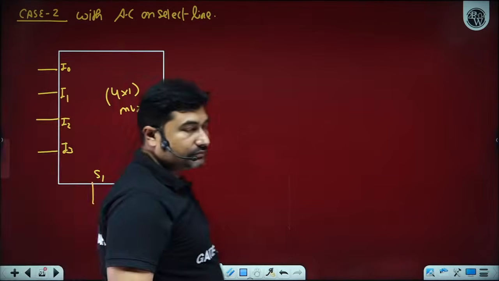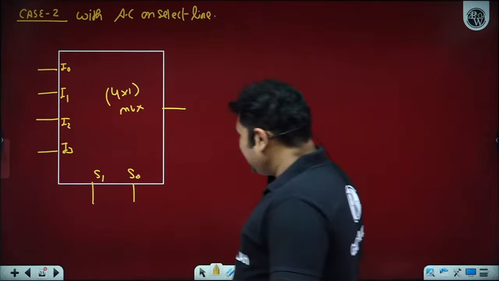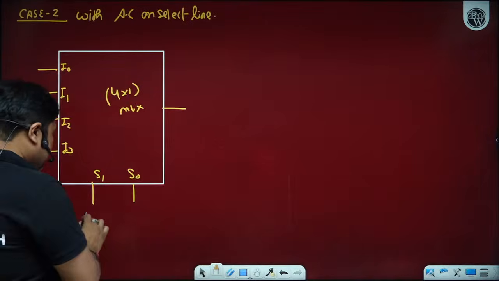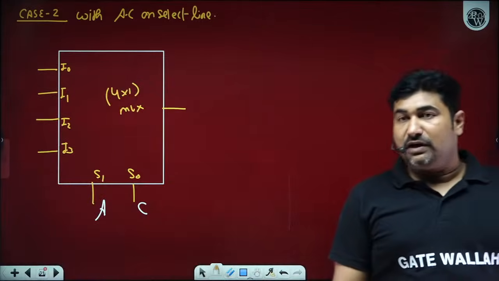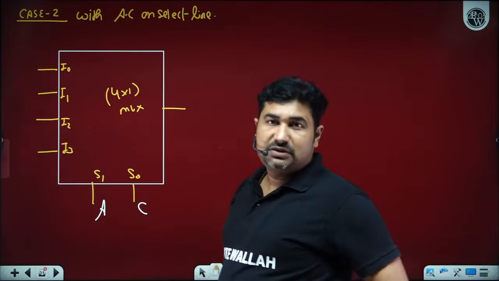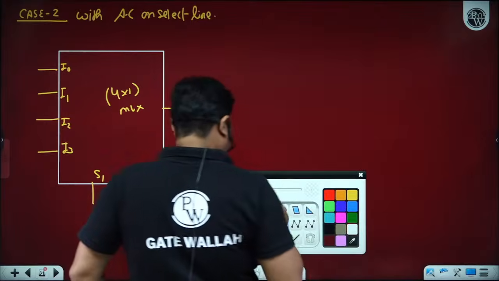Now, can you please tell me, out of A and C, which one is the MSB? A is the MSB, so it must be applied onto the MSB pin of select, and C must be onto the LSB pin of select. Is it okay? Now, we can apply B and B bar.